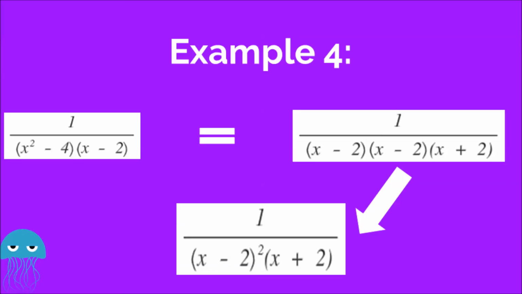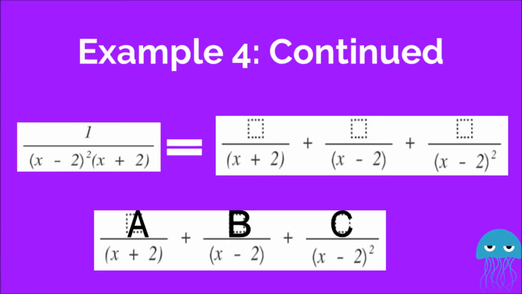And this is a big deal, since you can further factor the denominator into x minus 2 times x minus 2 times x plus 2. But to further simplify things, we're just going to write the rational function as 1 divided by the quantity x minus 2 squared times x plus 2. So now that we have completely factored the denominator, let us decompose this.